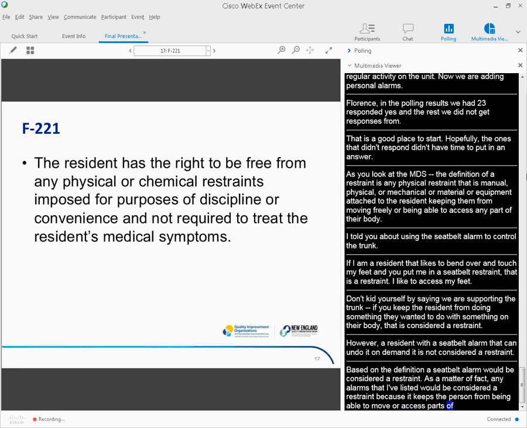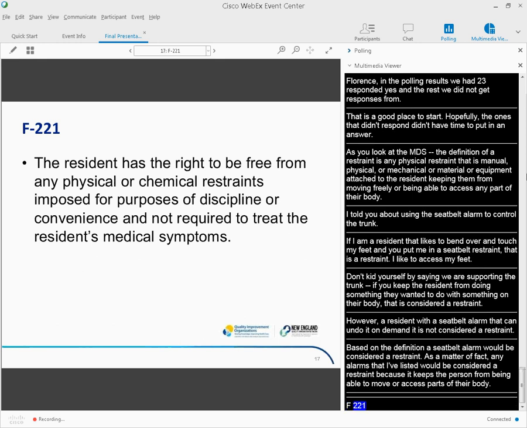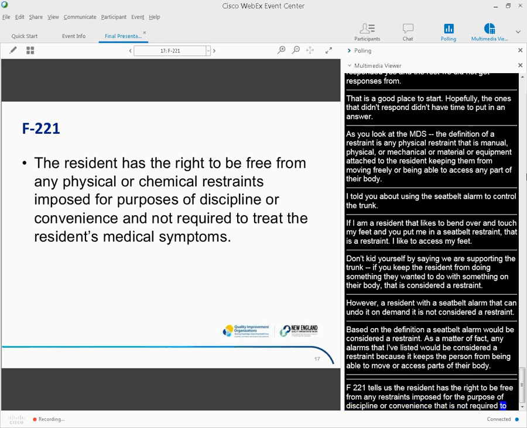F221 tells us that the resident has the right to be free from any physical or chemical restraints that are imposed for the purpose of discipline or convenience that is not required to treat the resident's medical condition. So think about that for a minute.